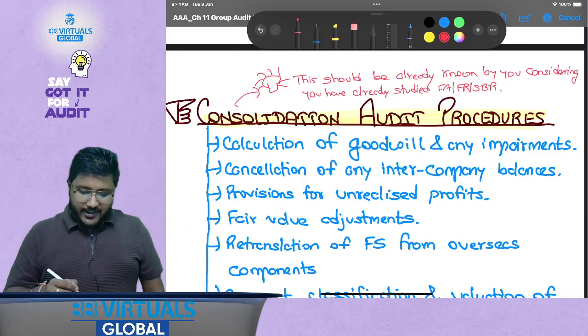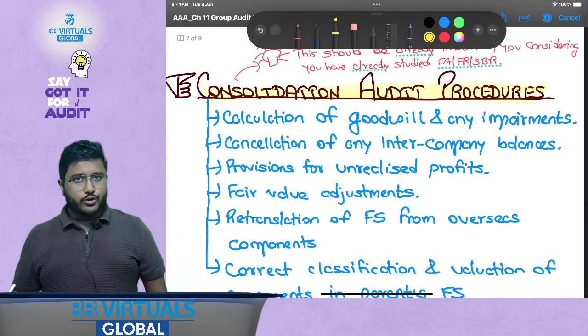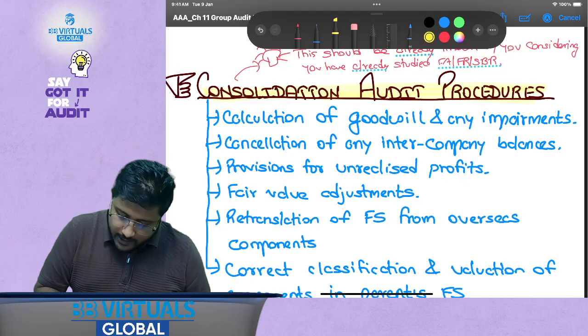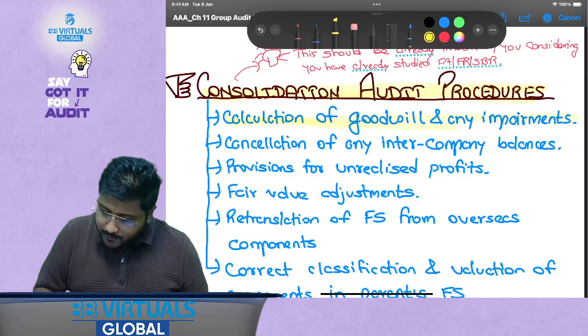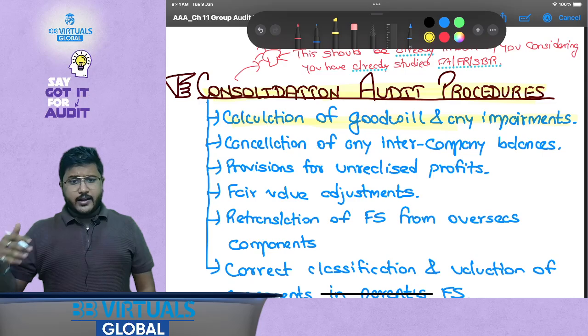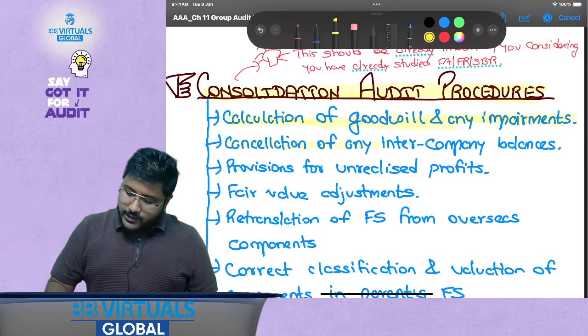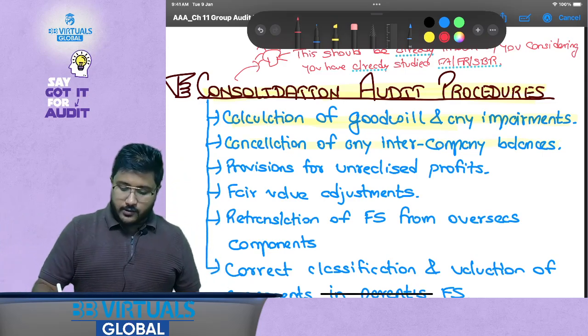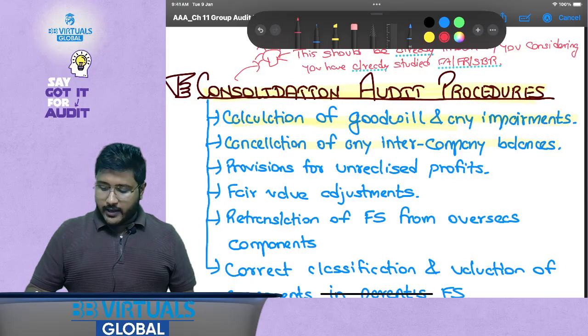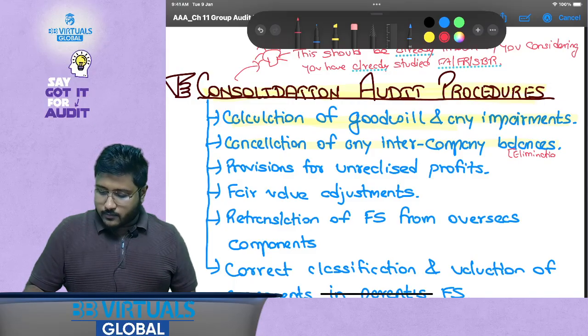Okay, so this is very, very important. Now, consolidation audit procedures. So calculation of goodwill is there, and any impairments to goodwill, any impairments to assets also. Cancellation of any intercompany balances, which is also called what? Elimination. Remember, this is also called elimination, right?